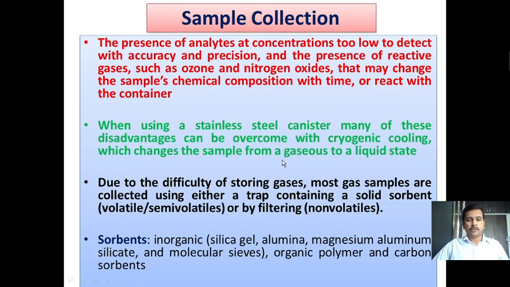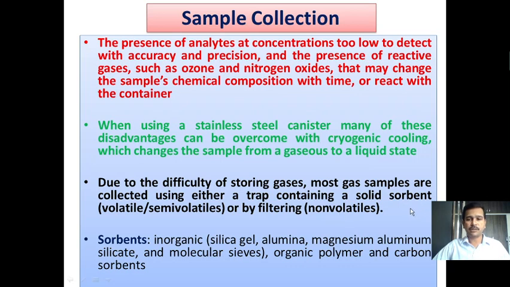So during the storage of the gases, most gas samples cannot be moved into the container, so we have to trap them. So how to trap them? If we use a solid sorbent, the solid sorbent will be involved in collecting the sample.